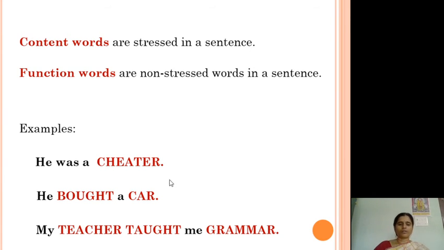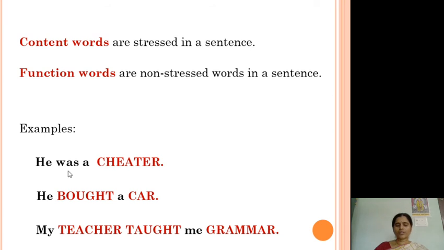See, for example, in this sentence, I have highlighted a word, cheater. This is a noun. And as I told you, a noun comes under content words. So in a sentence, when you find such a content word, that word has to be stressed while you are speaking. Now let us see the whole sentence. He was a cheater.